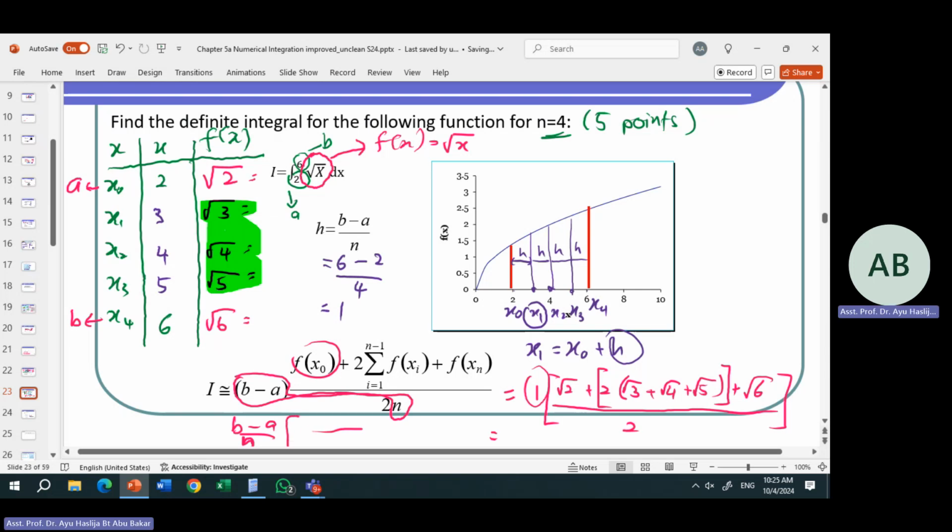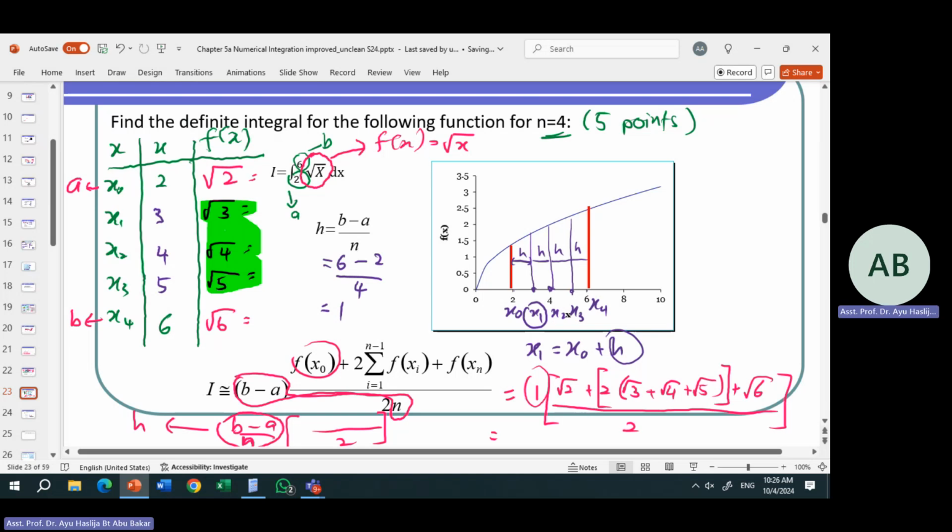Then this thing over 2. Where b minus a over n is your h. $7.9. Get?